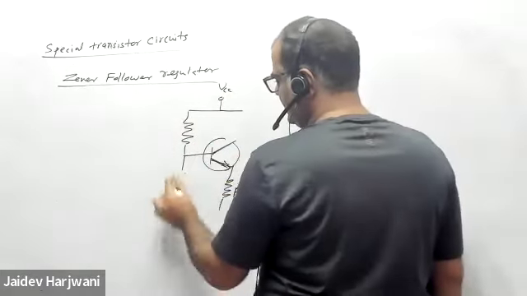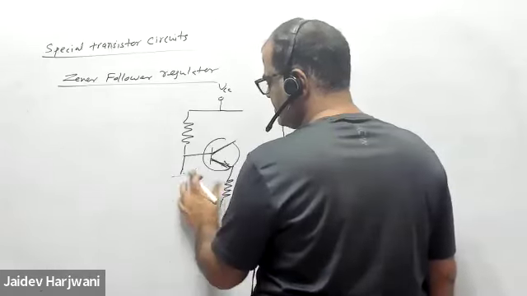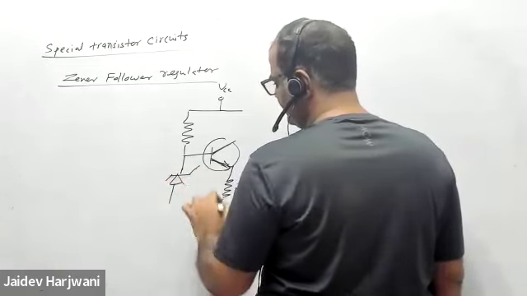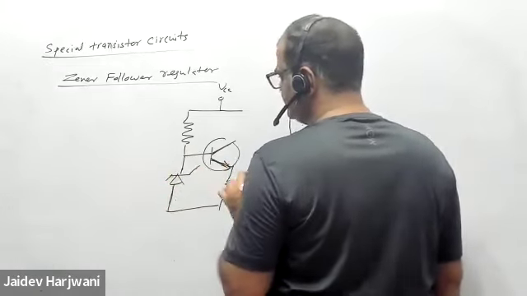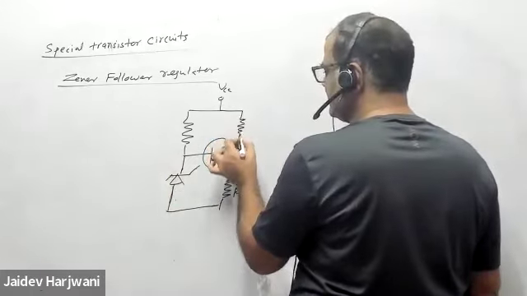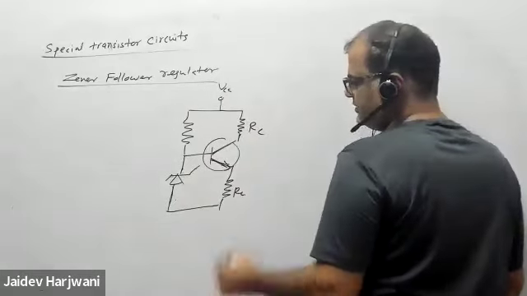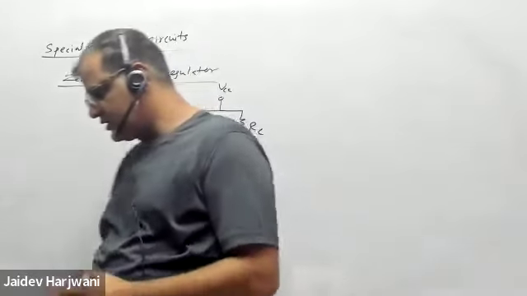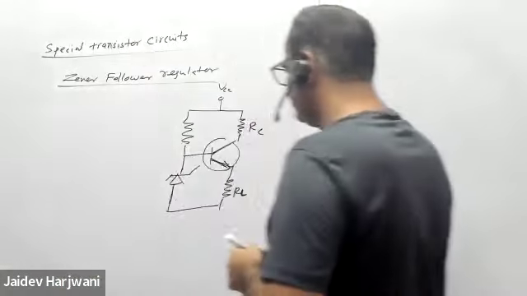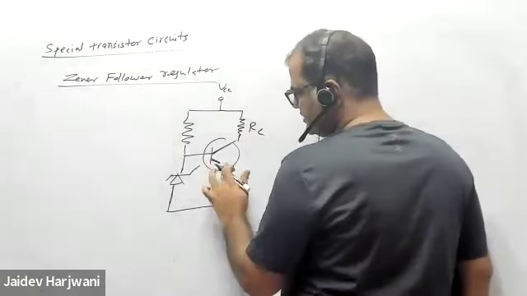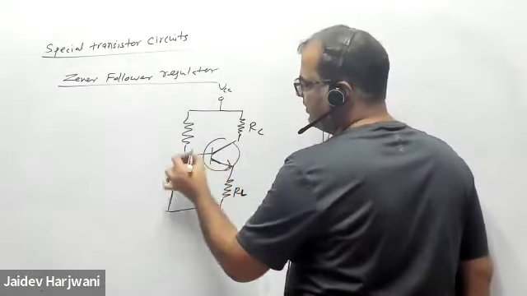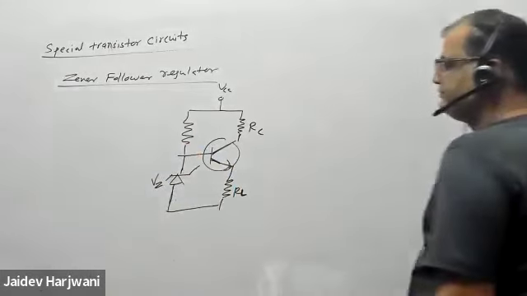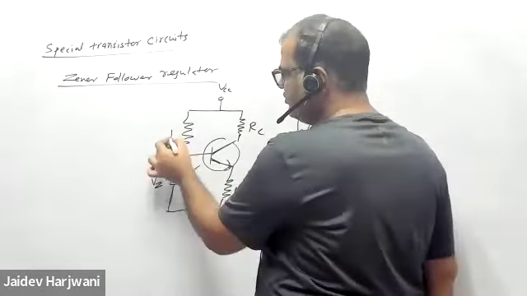Here I can put a Zener diode in the emitter-base loop, and here you can put RC. So basically the same circuit, instead of R2, I'm just putting a Zener diode in the circuit. This is a basic voltage divider circuit, and I'm putting a Zener diode instead of R2. Now what will happen? And this is the required voltage VZ if it wants to conduct. And here you can put some value R.